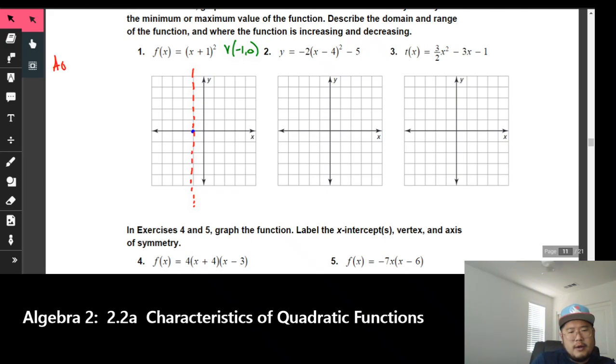So I'm going to put AOS for axis of symmetry. A lot of times, students will just give me a number. That number is incorrect. You must give me the equation of a line. And that is the axis of symmetry, and this will be x is equal to -1. There is your axis of symmetry.